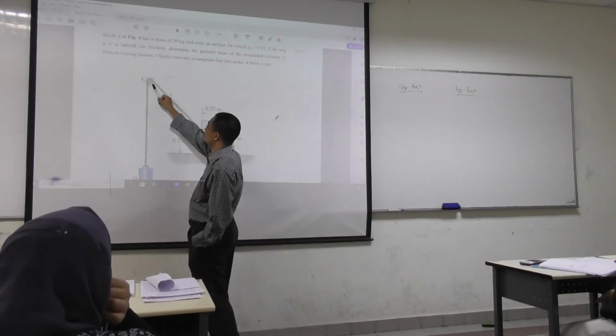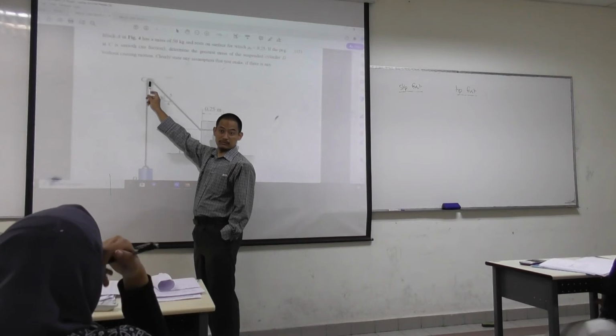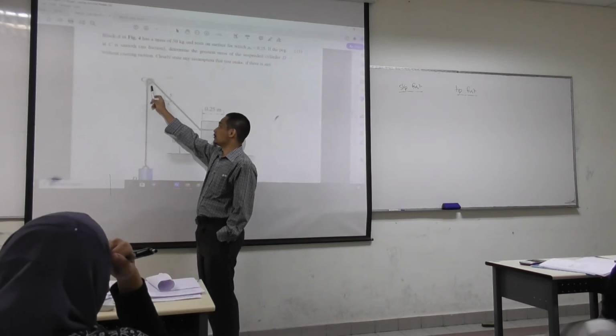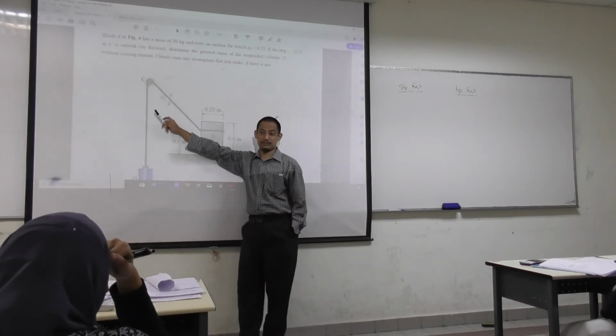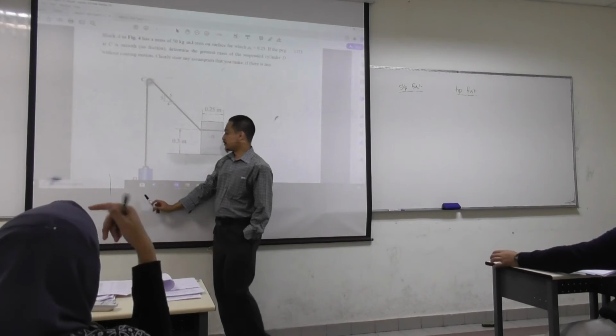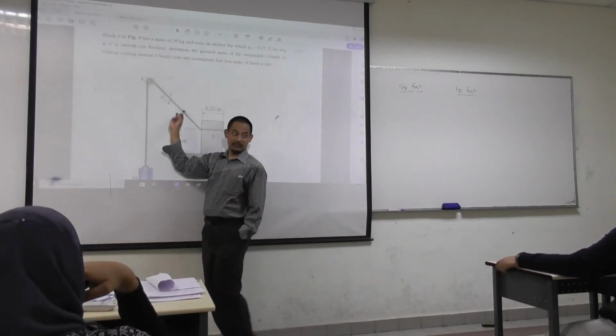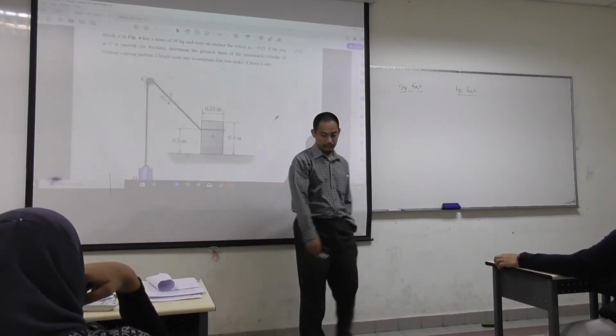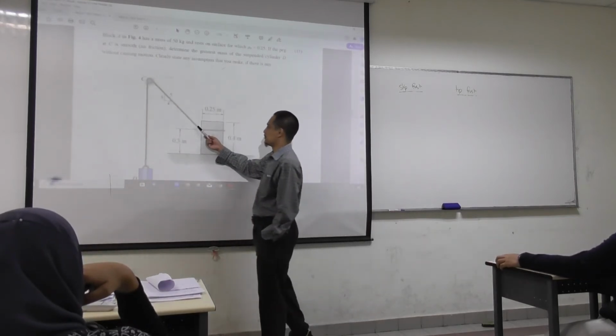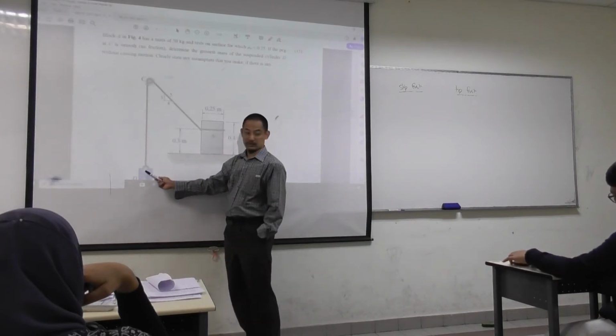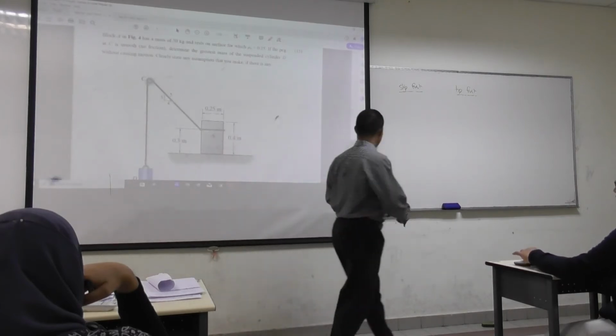The peg C is smooth, so no friction. So basically this is the same tension, right? When you draw the free body diagram, of course you just plan this one is the same as the weight itself, right?